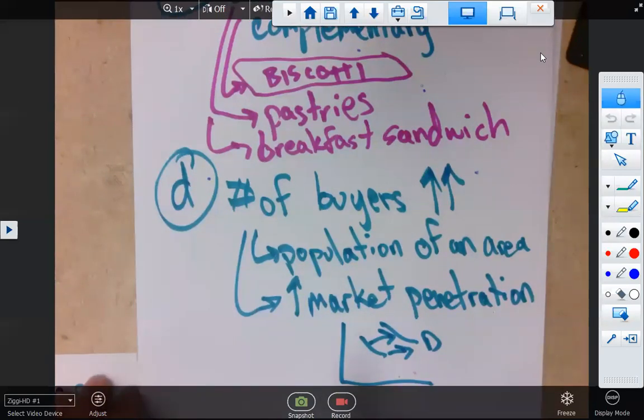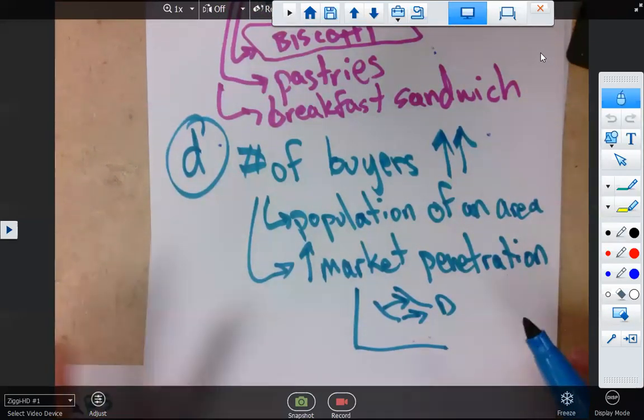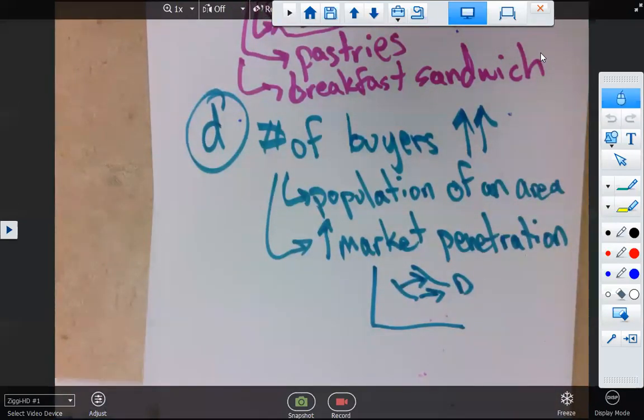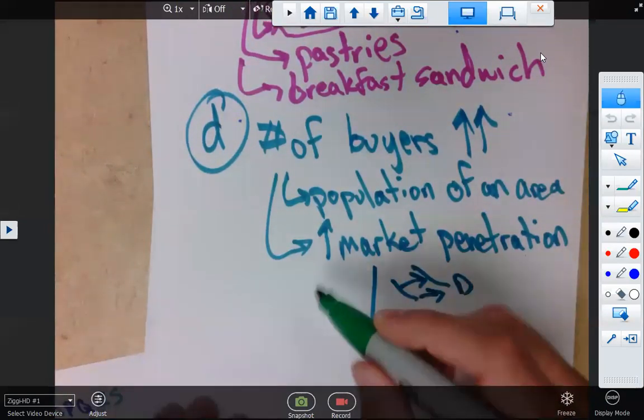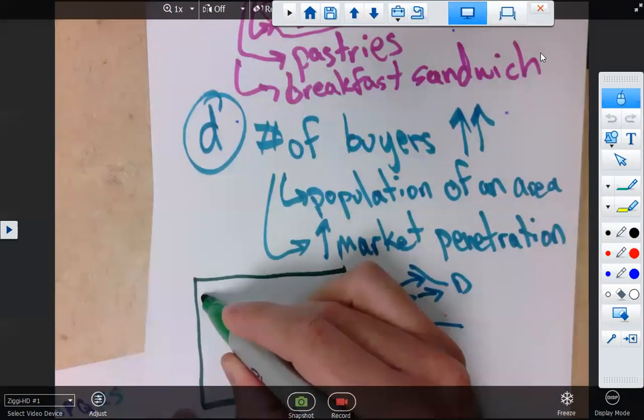So now we have to talk about normal goods and inferior goods, okay? So let's take a break for a second from this list. Let's do a little breakout box. So what's a normal good?